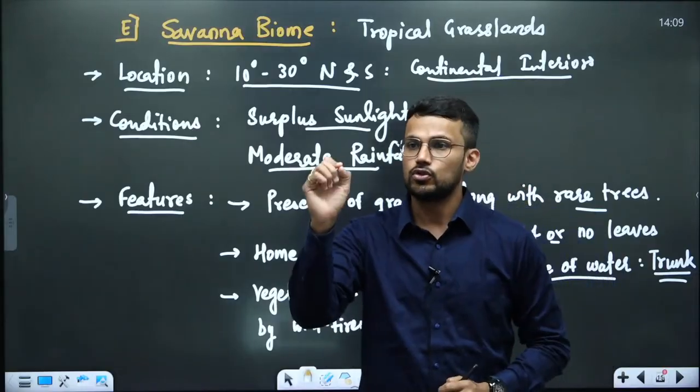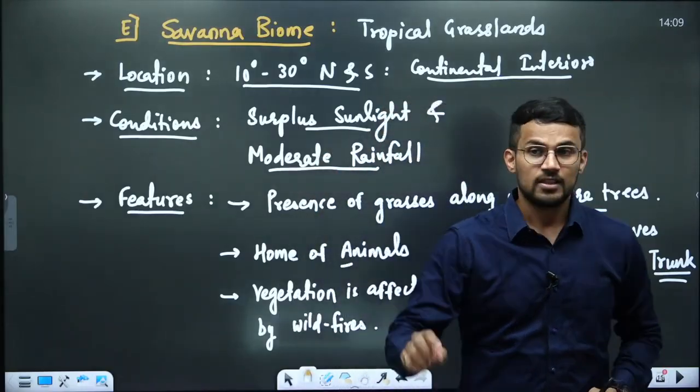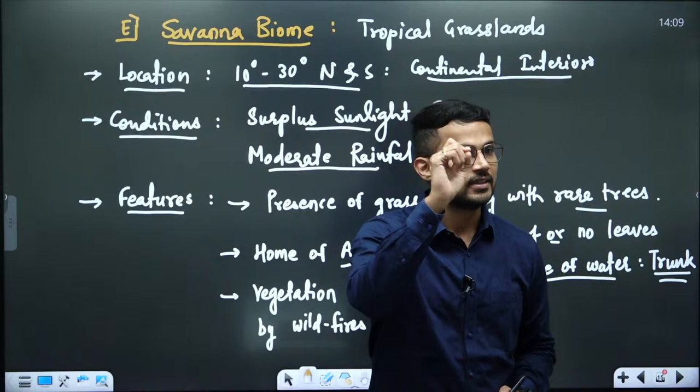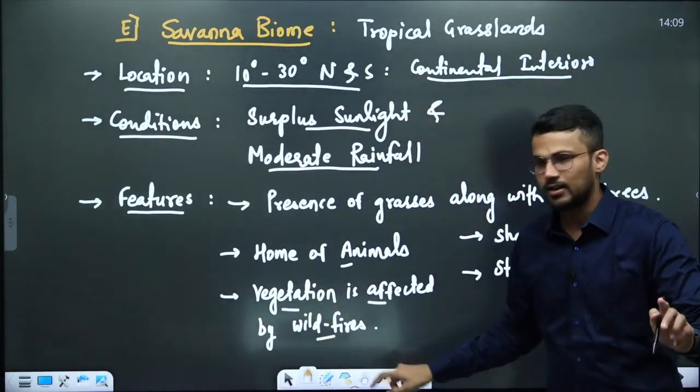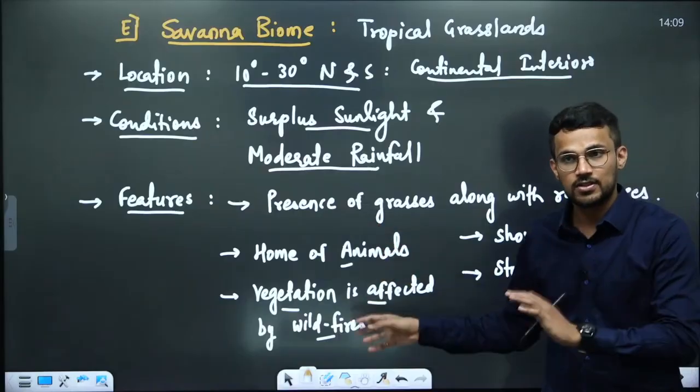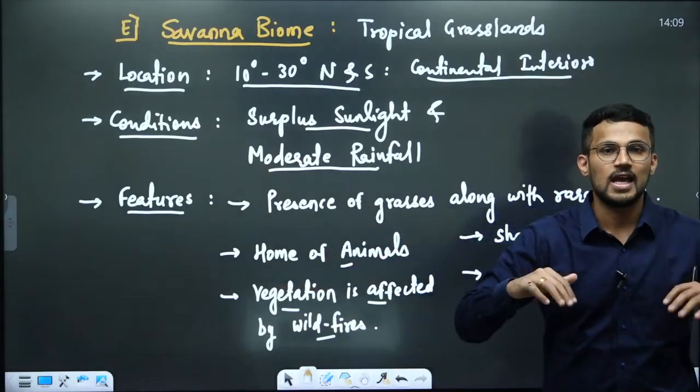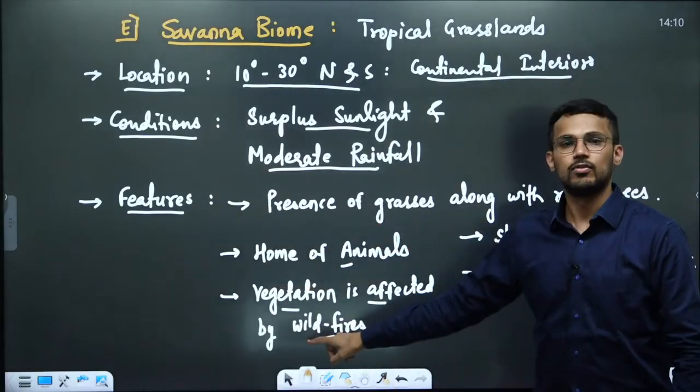Why? Because of the nutrient cycling that occurs because of these fires, right? Vegetation is affected by wildfire. As a result, vegetation has started adapting to the wildfire.